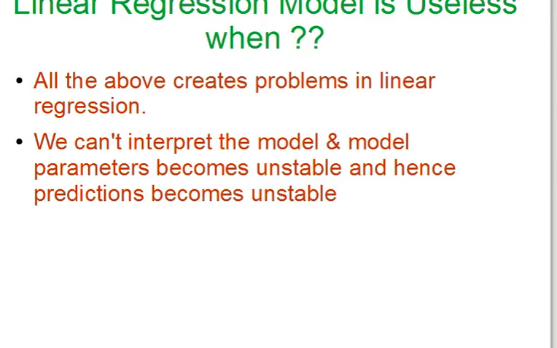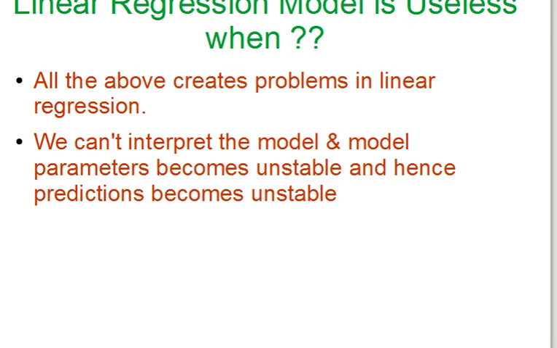So these are the assumptions in the linear model. If one of the conditions is not fulfilled or is violated, the model will not be stable at all, and also the coefficients of the fitted model will not be stable, and the model cannot be interpreted.